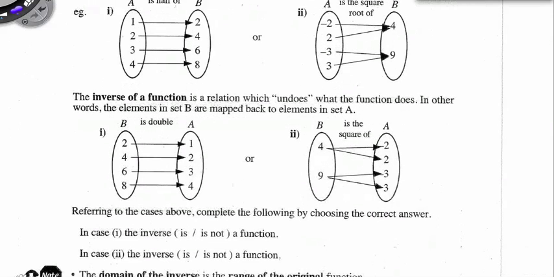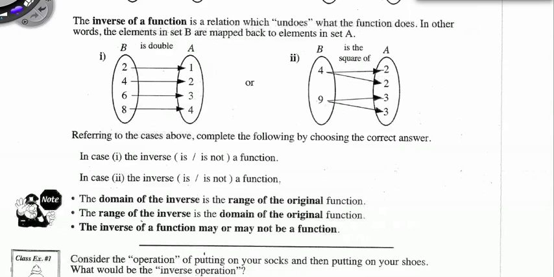Further down here, the inverse of a function. Basically, this is the inverse of the ones above. Instead, we're going from B back to A, where B is double A. Let's scroll up.